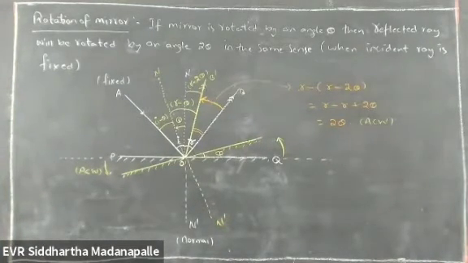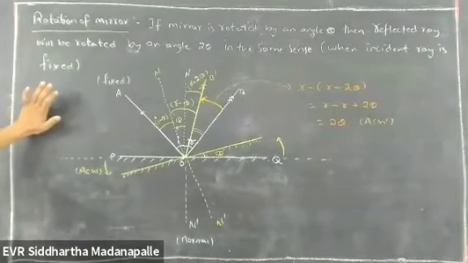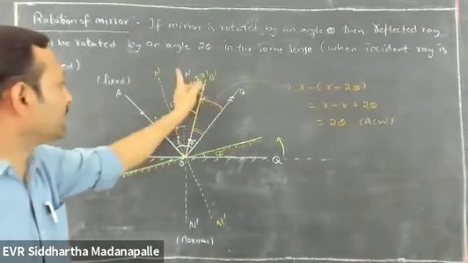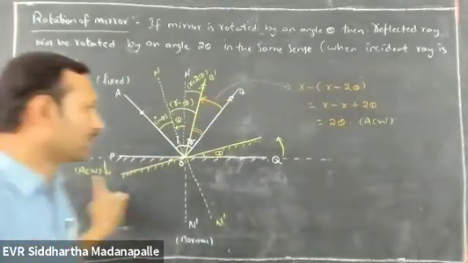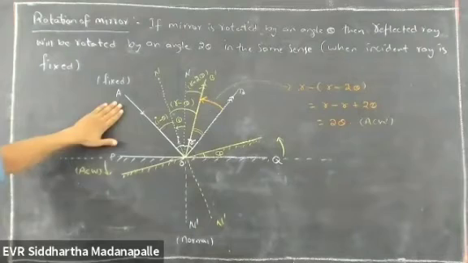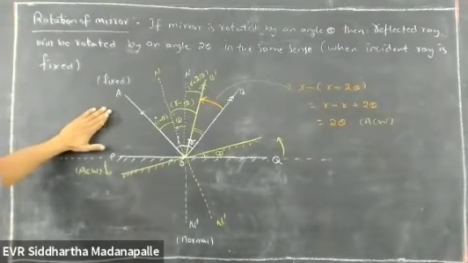Is that clear? So this is about the rotation of mirror. If the mirror is rotated by an angle theta, then the reflected ray will be rotated by an angle of 2 theta in the same sense, anti-clockwise direction, when the incident ray is fixed.